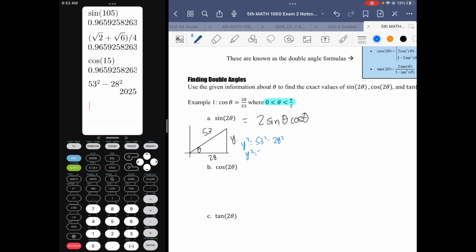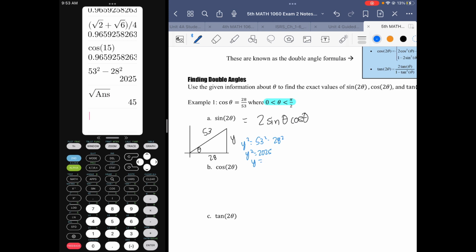So y squared equals 2025, and therefore y equals, oh goodness, 45. So the sine then would be 45 over 53, and the cosine was already given to us as 28 over 53.